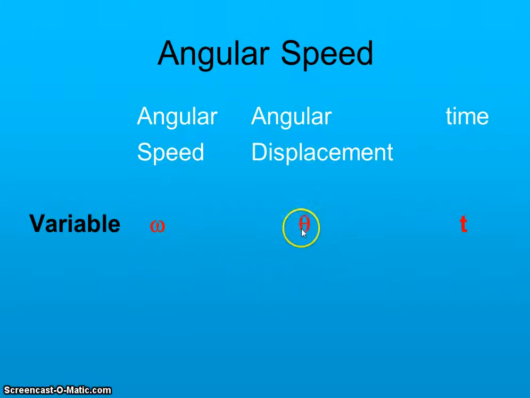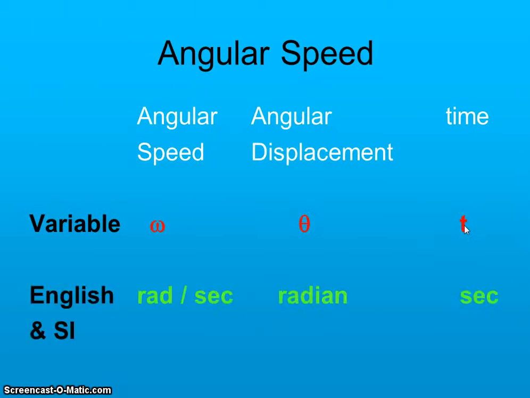And then you have angular displacement, which is going to be theta. You've seen that before. That represents an angle. And then t is time. Now, one positive is that English and SI are going to be exactly the same. The drawback is you're using some terms we've used before in the class, but we don't use that often.